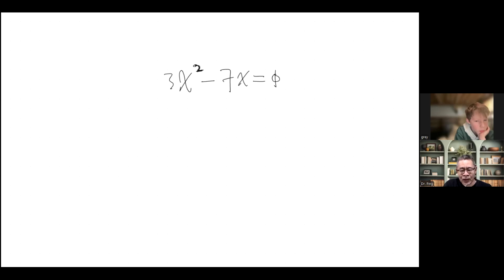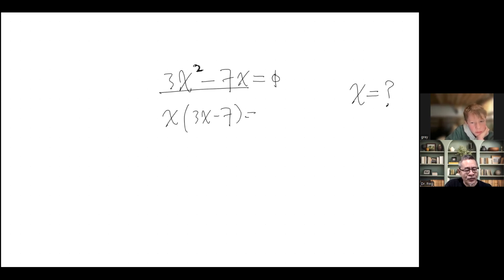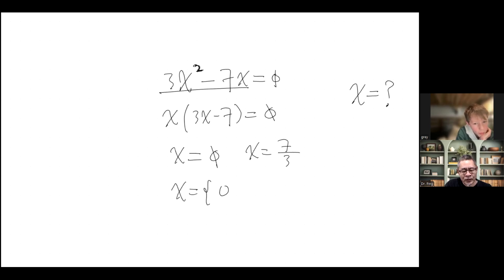Remember, we're trying to figure out what x is. Good. So we're going to move this out, move x out. We got x, 3x minus 7 equal to 0. So we either get x equals 0, that's one solution, or x equal to 7 over 3. So we write as 0, comma, 7 over 3.